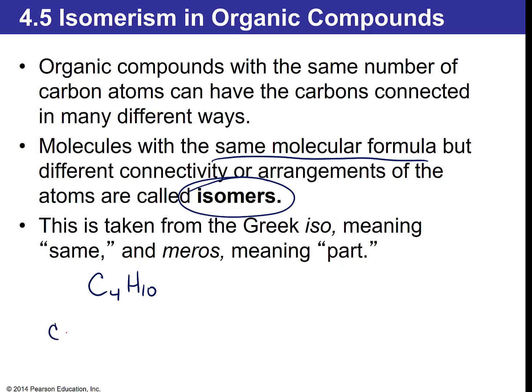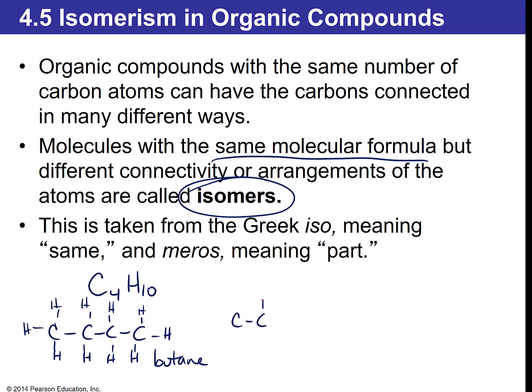So one of them could be this, with all the hydrogens. Okay, and what would that be? 4 carbon, it is butane, right? Okay, but what if I have this?